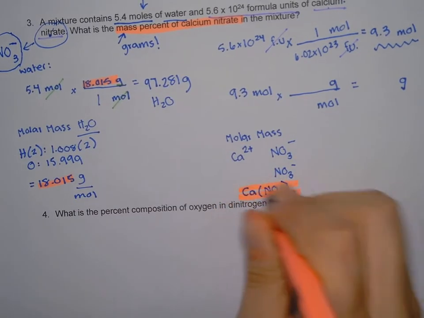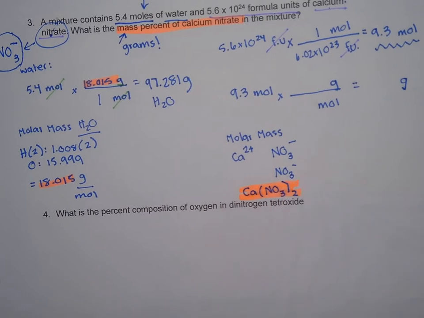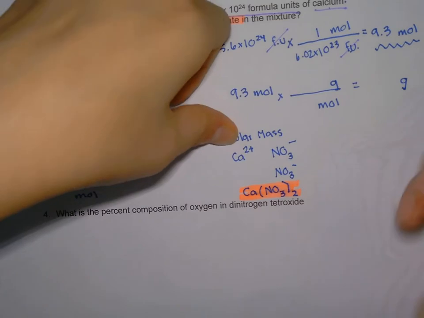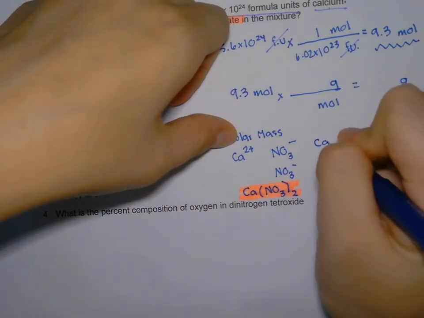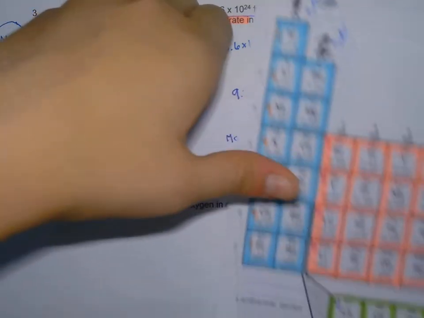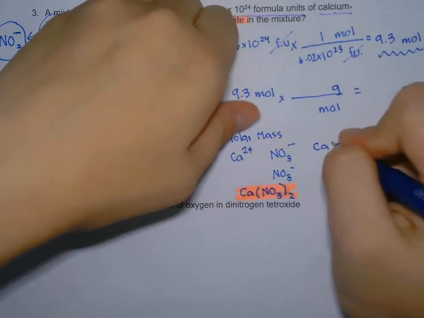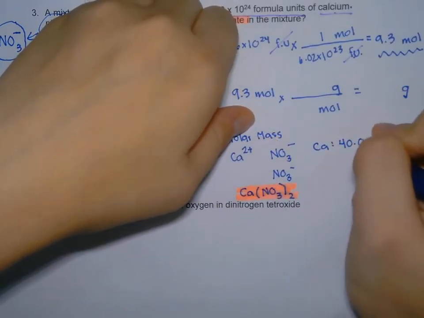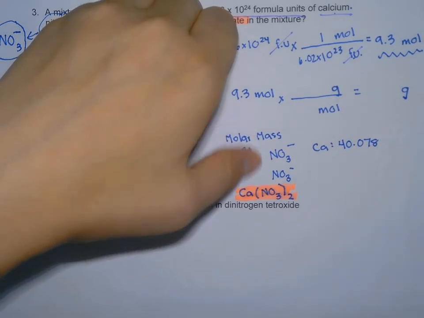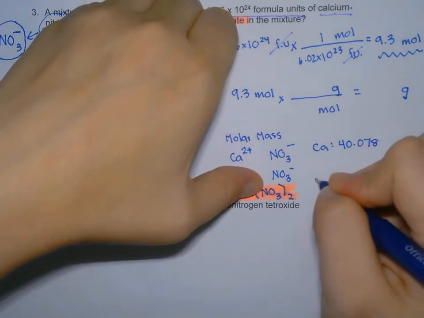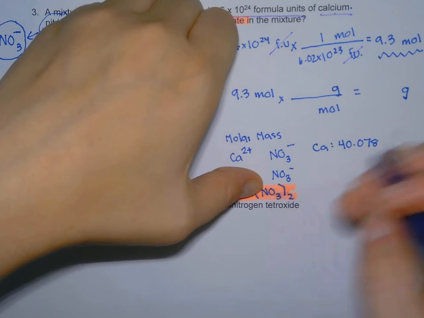So this is how I can find my molar mass. I have to know how many atoms there are. So here we go. I need to find the mass of calcium, which is 40.078. And then I have to find the mass of just NO3 first.